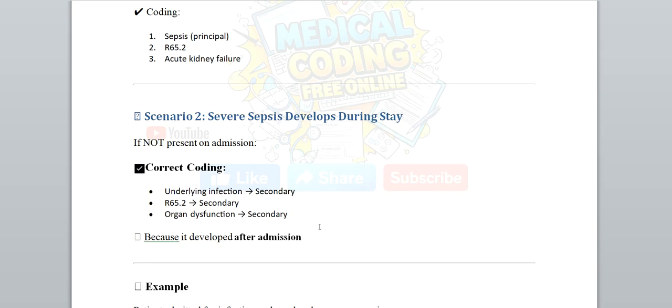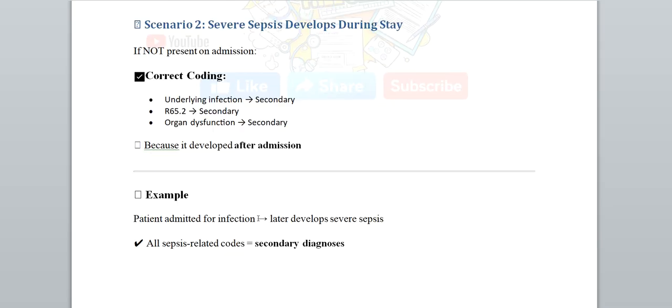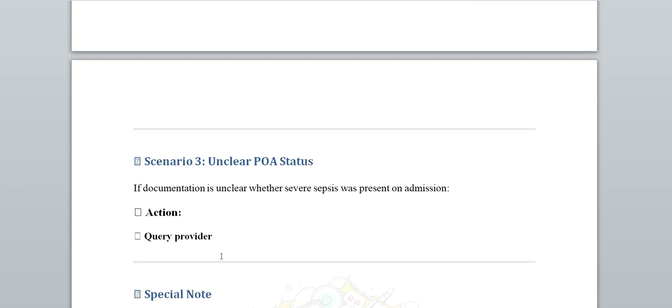So if severe sepsis develops during the stay, it's not present on admission, so it is secondary. So if a patient is admitted for infection and later develops severe sepsis, all sepsis-related codes are secondary diagnoses.